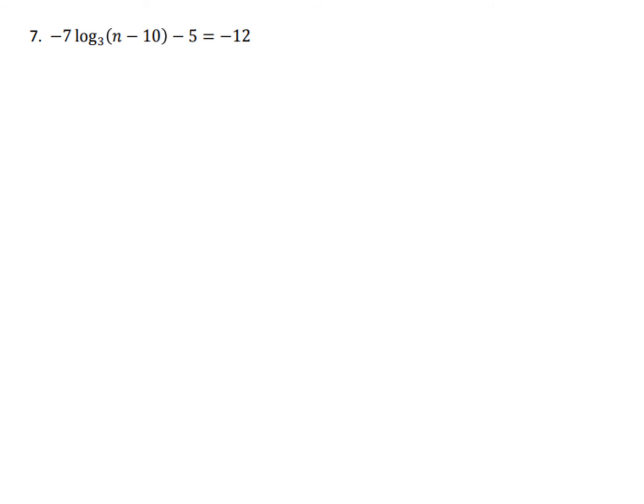Okay, next, what about this one here? First of all, I'm going to add 5 to both sides, treating the log to the base 3 of n minus 10 as its own separate variable, which I want to isolate first by adding 5 to both sides, and then dividing out the -7, and I get this. Now, since this is log to the base 3, I'm going to take 3 to this power.